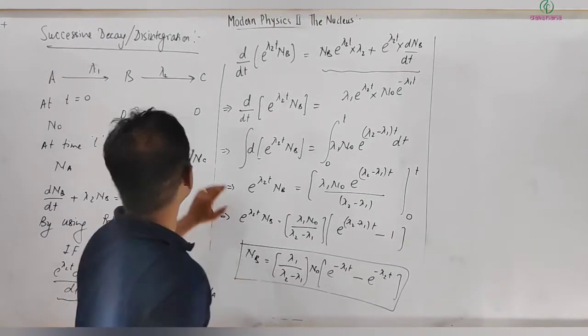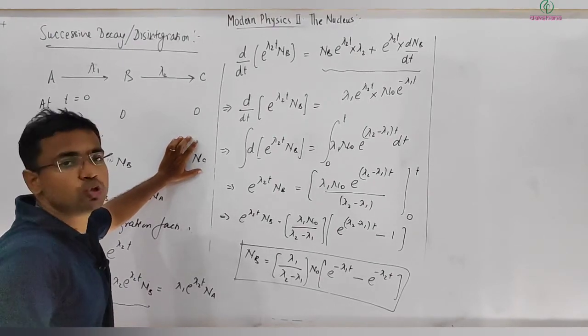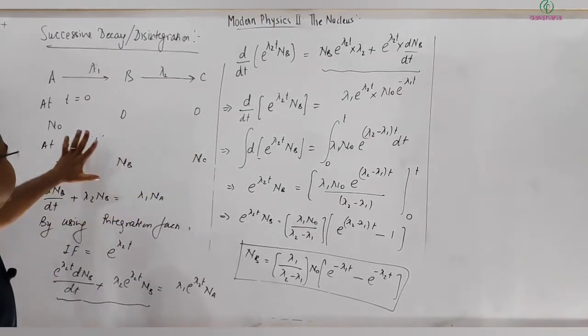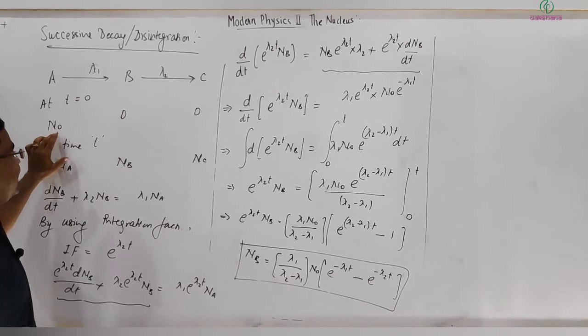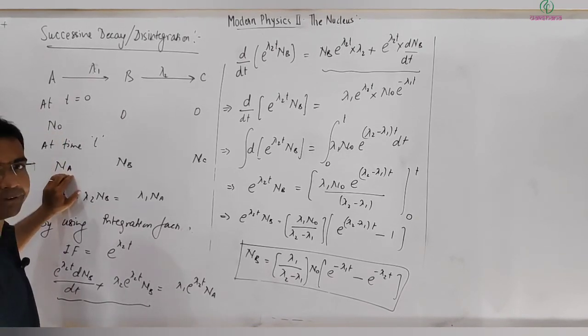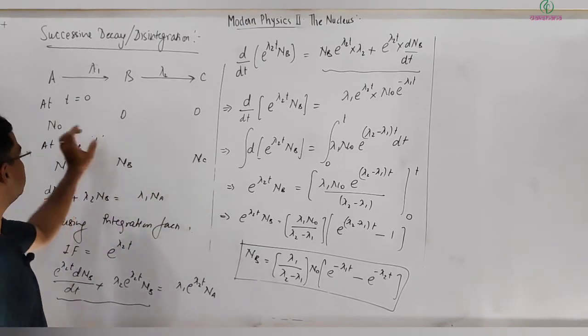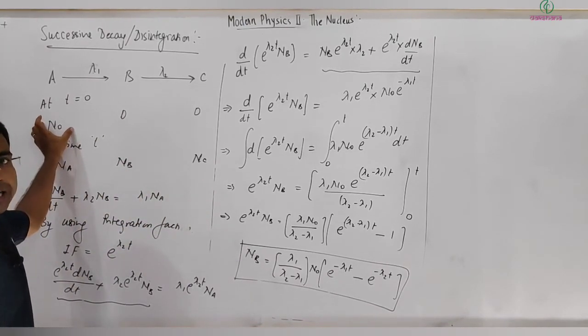So to get this NC as a function of time, we can go two ways. One way is, see, initially the total number of nuclei is N naught. At any time t, I can write the number of nuclei of A left plus B formed plus C. If I add all these, that should be equal to N naught, because initially it was only N naught.